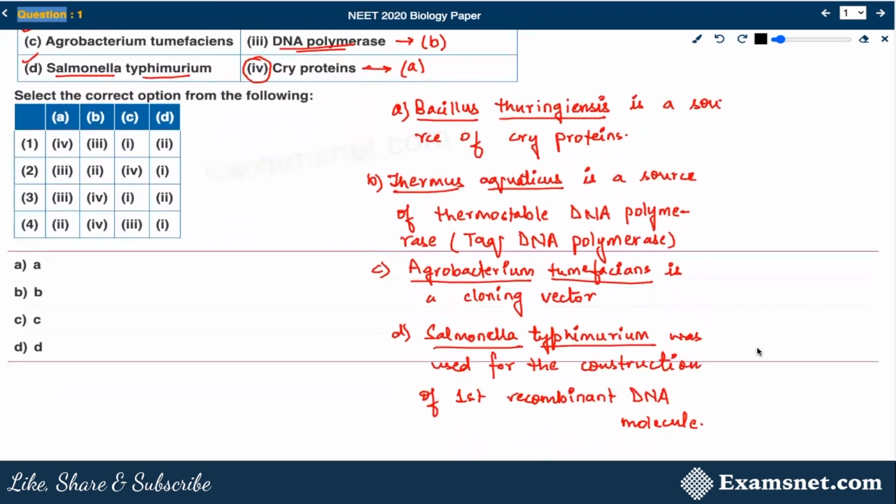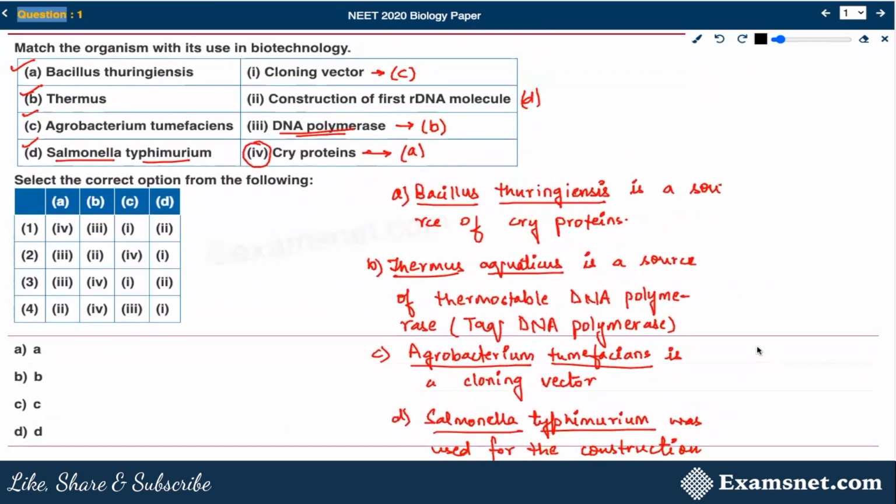Now let us take a look into the different options. A will be for the fourth option, and then B will be for the third option here. Then C will be for the first option, which is this one.